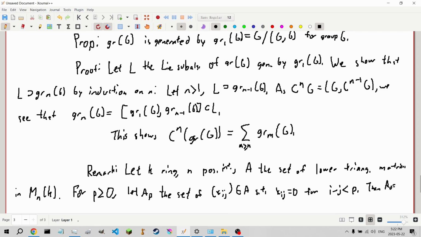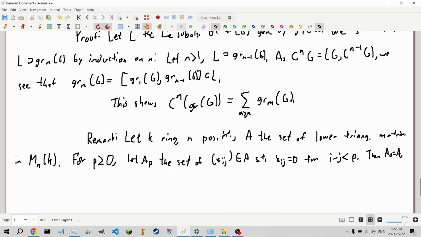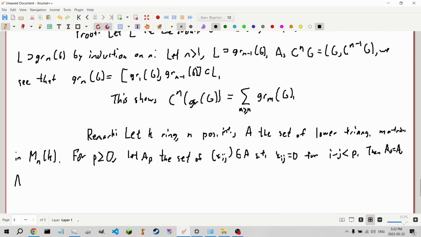Then A0 is our A, and the product of an element in Ap and an element in Aq is an element in A of p plus q. We're going to let gamma p be 1 plus Ap.